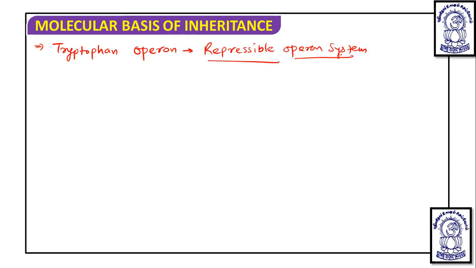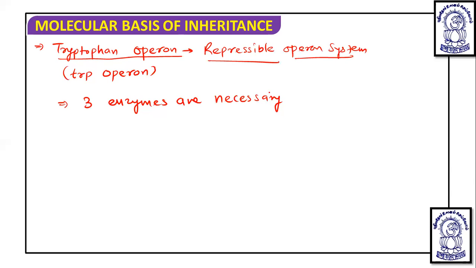It is also known as the trp operon. Here, three enzymes are necessary for the synthesis of the amino acid tryptophan.